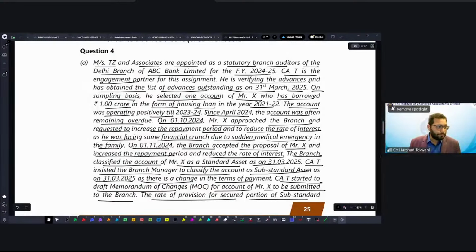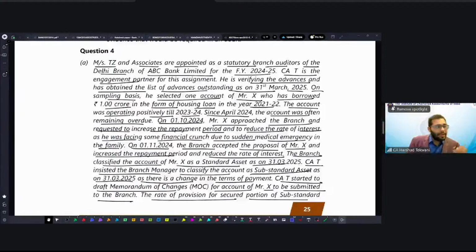Very good, Ayush. So what is the answer? Straightforward, I think. Yes, sir. The asset classification done by the bank management is incorrect. Since the account is restructured, it has to be moved within 1 year. Already it is a standard asset. It has to be classified as a substandard asset.